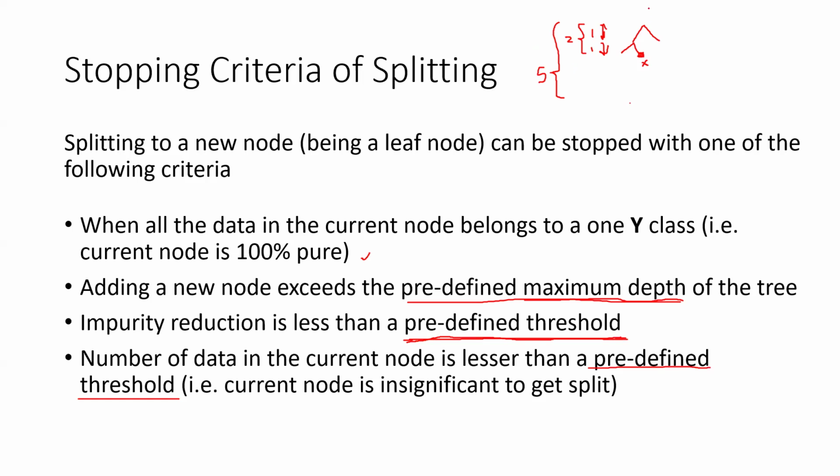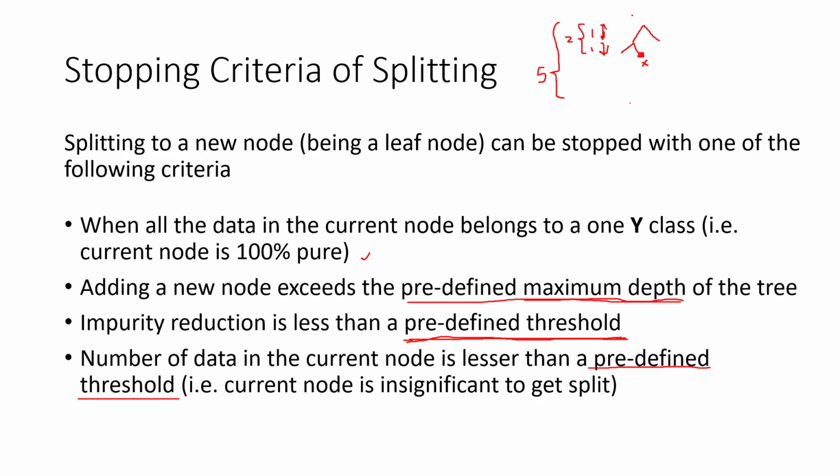That means suppose this data set contains 10,000 data points, and for this particular tree node you would have 5 data points. So it may not be worth adding a new node to this particular node for just classifying 5 data points, right?